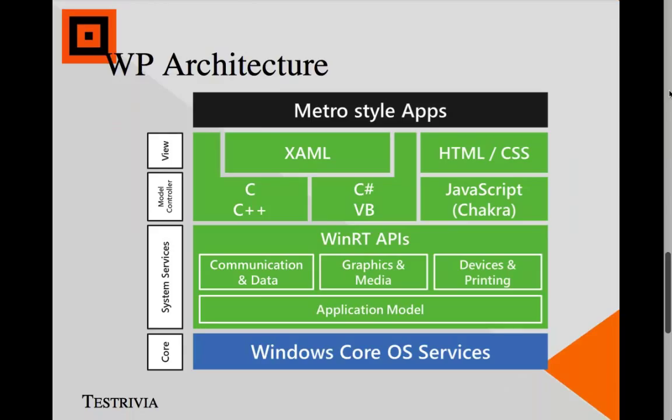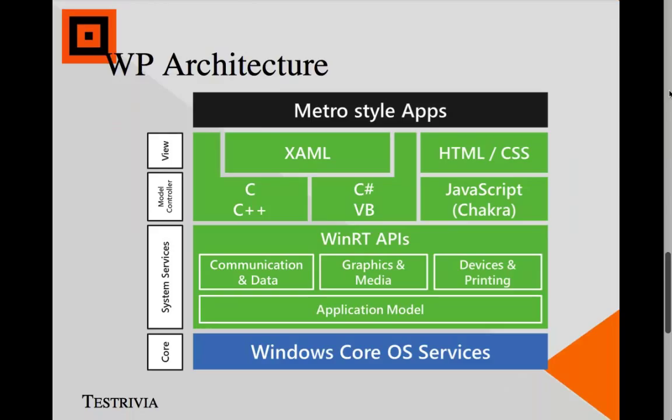Chakra is their version of JavaScript, and C#, VB and C++ are inside the model controller, along with WinRT APIs. Then they have communication data, graphics, media, and devices and printers, meaning those drivers, and they have the application model in the backend. These are all called system services.